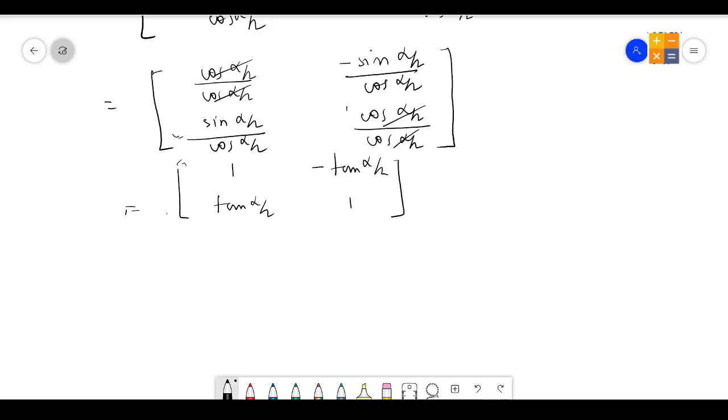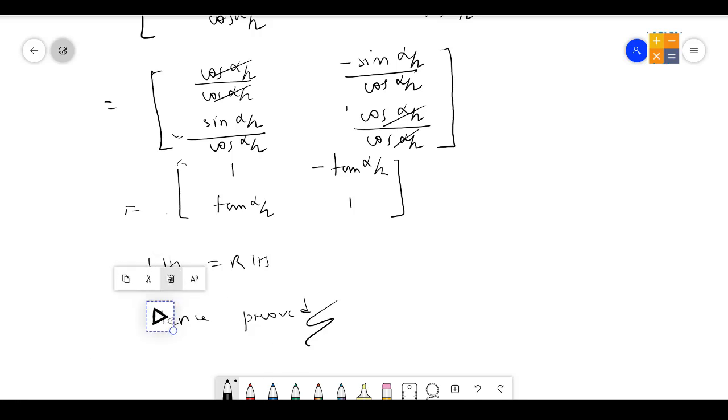So in the later part we can write here LHS equals RHS, hence proved. So this is the answer.